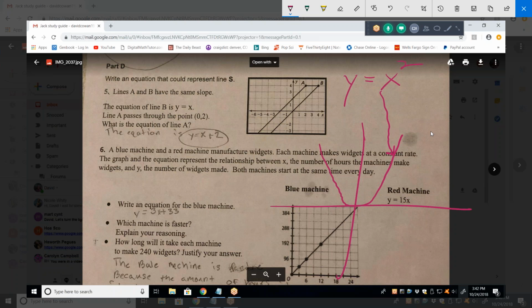Now, let's suppose that I wanted to make this parabola go 3 units to the right with the same exact shape, so that the vertex is now at 3, 0.